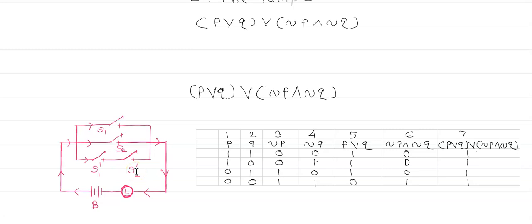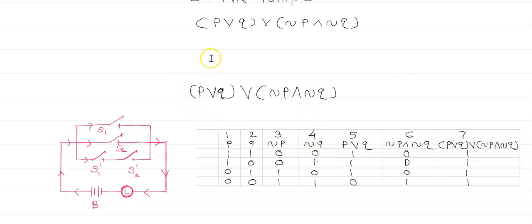Now to construct the table, the main joint is OR. For that we'll prepare P or Q, which is given in column number 5. Next, negation of P is column number 3, and negation of Q is column number 4.